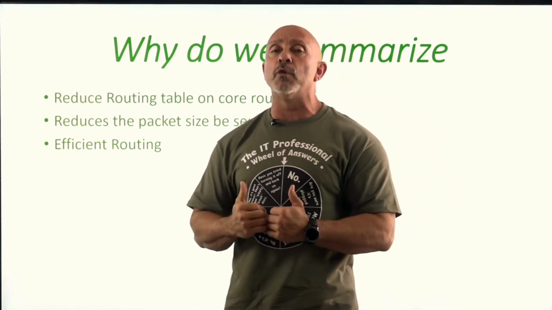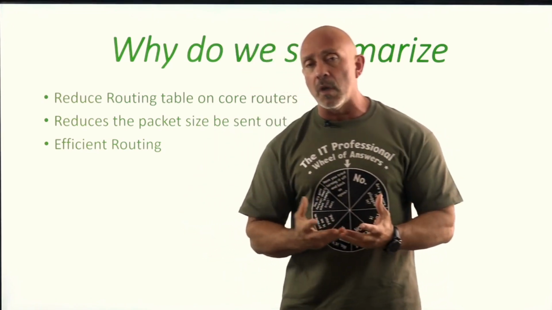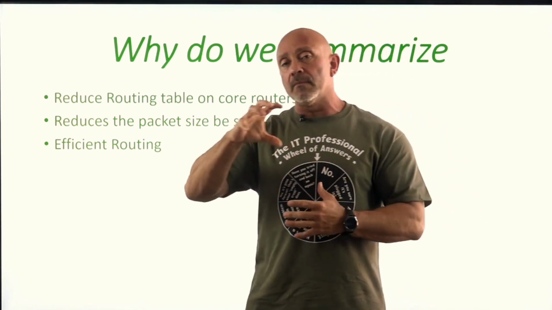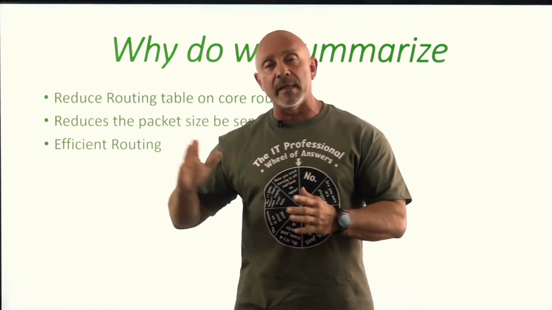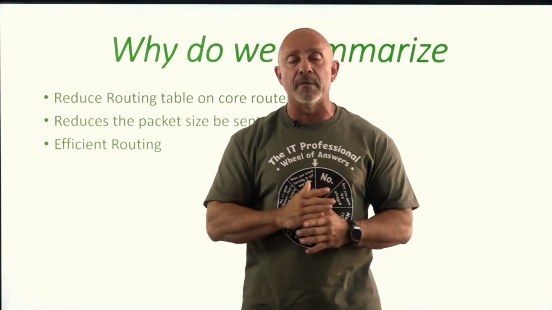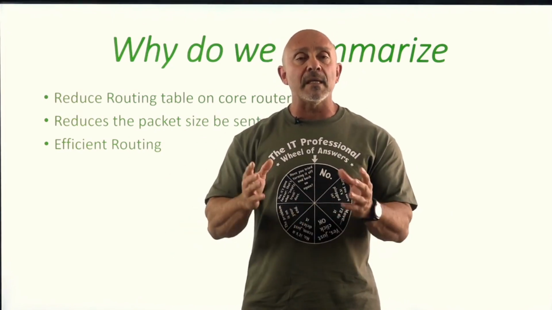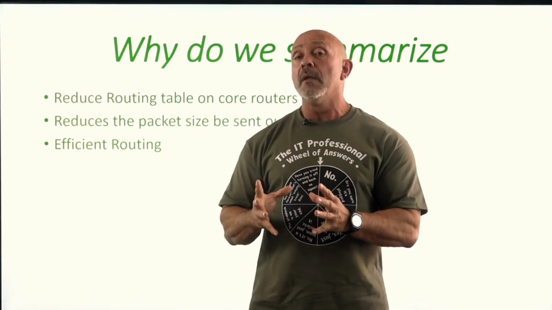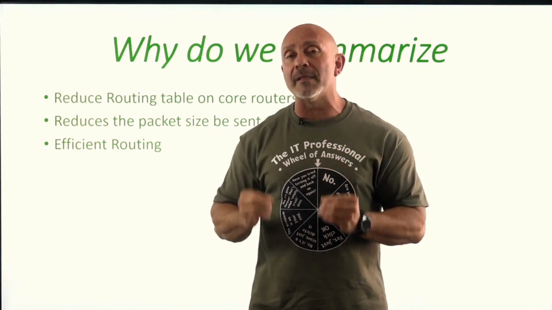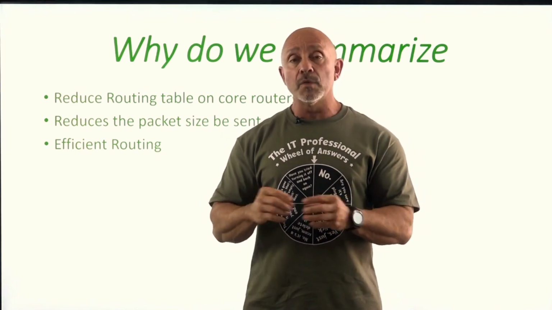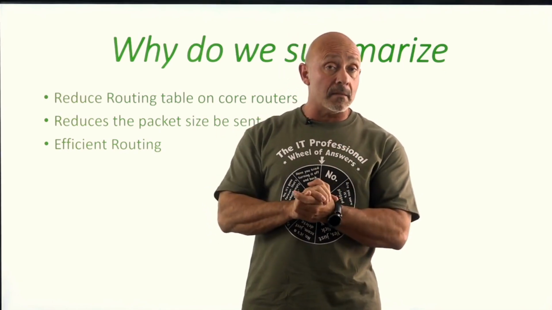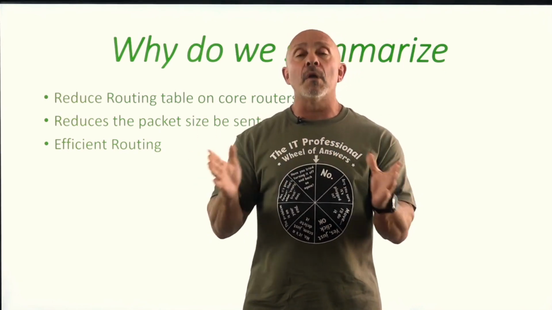Don't get this confused with our routing protocols, which we'll explain when we get to that portion of the course, that summarize by default, meaning they turn that network into the classful boundary. No, this is taking a bunch of networks, which I already have prepared for you, and we're going to summarize them the easiest way, which is through binary, and then get a brand new mask and a summary address.